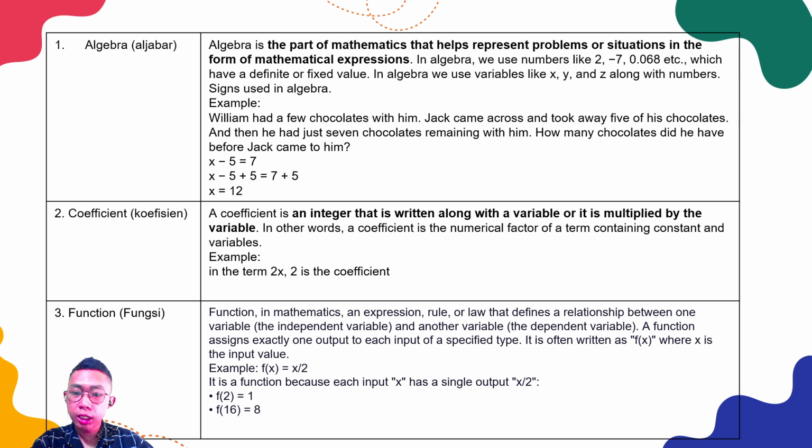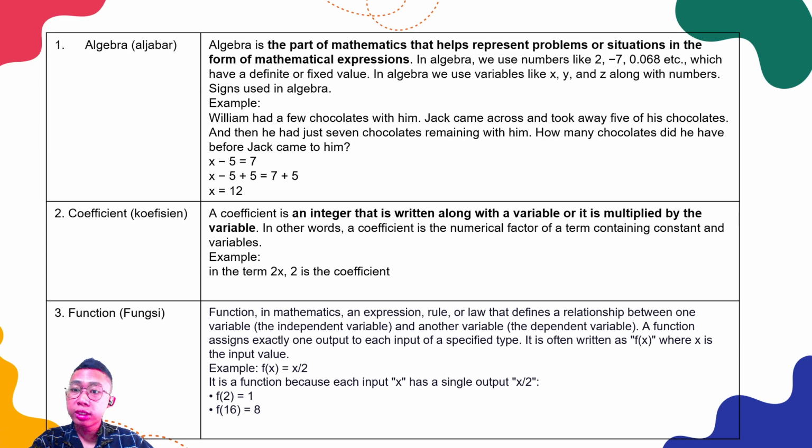We can write it as x minus 5 is equal to 7. And now, adding 5 to both sides, we have x minus 5 plus 5 is equal to 7 plus 5, and x is 12.